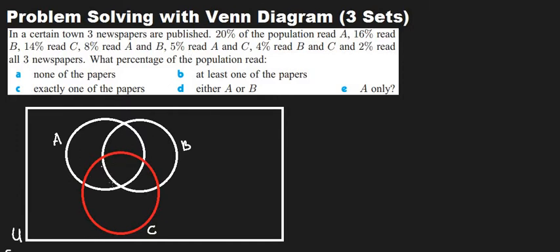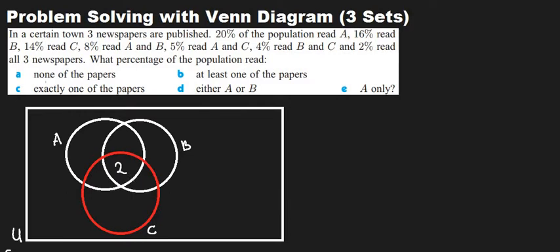In this case, the one that read all 3 newspapers. 2% read all 3 newspapers. So we will have 2% over here. I will just write 2 instead of 2% to save space.